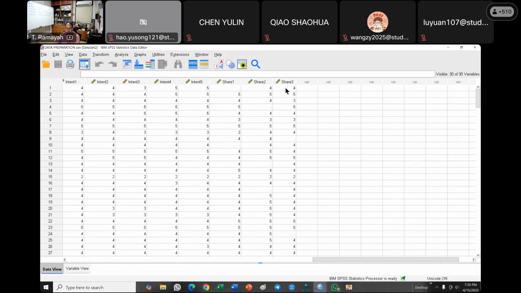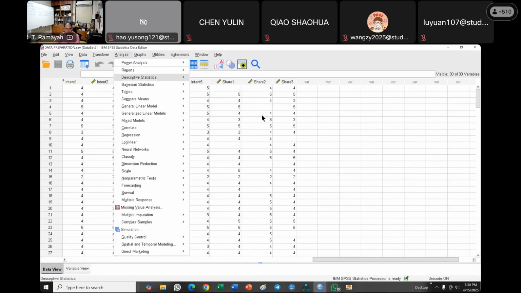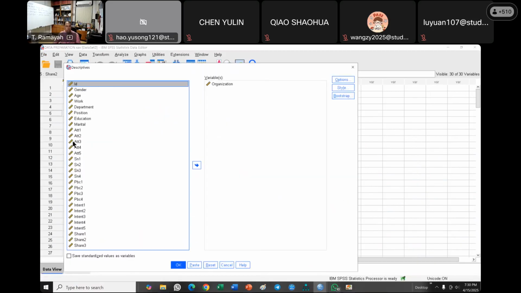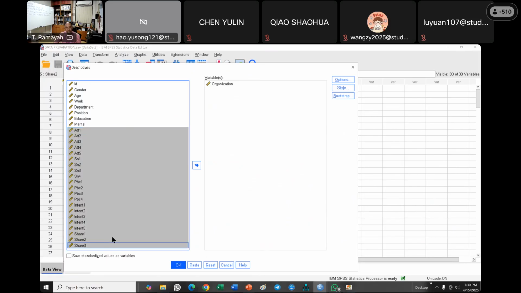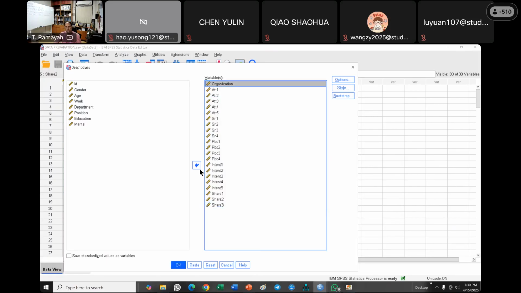So what you need to do is run analyze, descriptive, and descriptive. You pick all the items you have, which is a multiple item scale, and move them to the right. We don't need this.